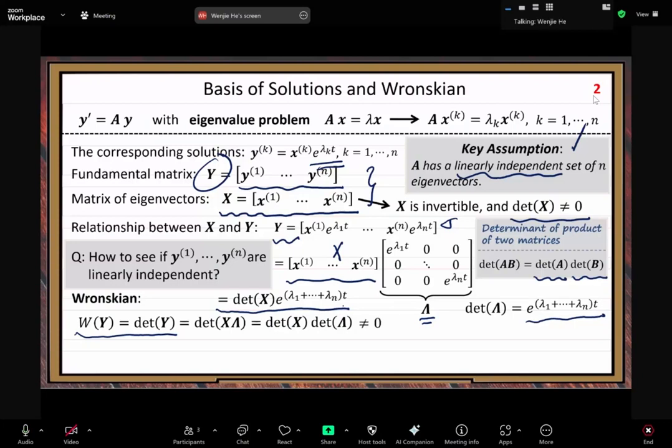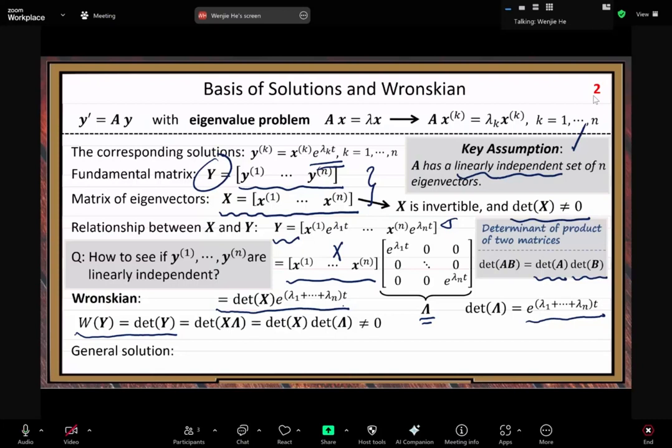So we know the Wronskian is never 0, so the solutions are linearly independent.